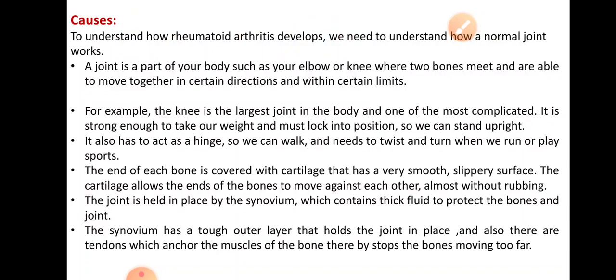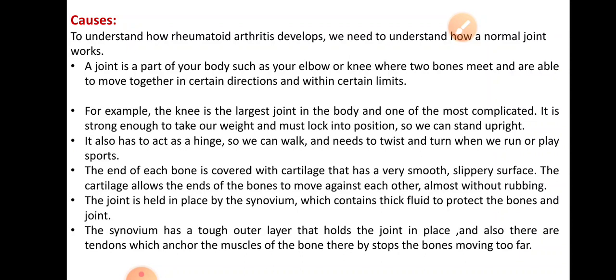So to understand how rheumatoid arthritis develops, we need to understand how a normal joint works. Now let us see. A joint is a part of your body such as your elbow or knee where two bones meet and are able to move together in certain directions and within certain limits.